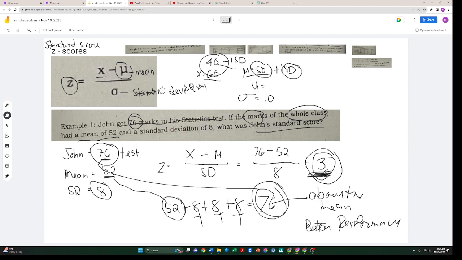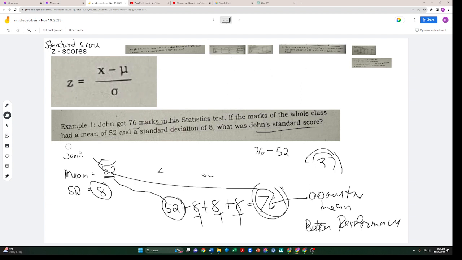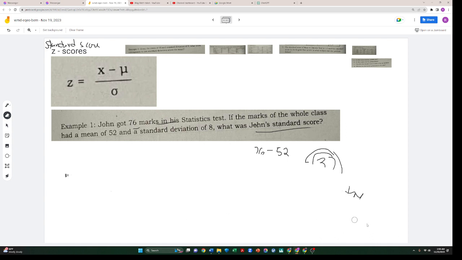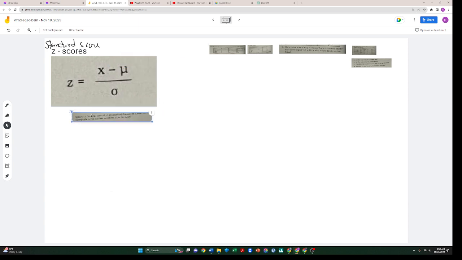Let me erase this. So, you understand the standard score. Example number 2.